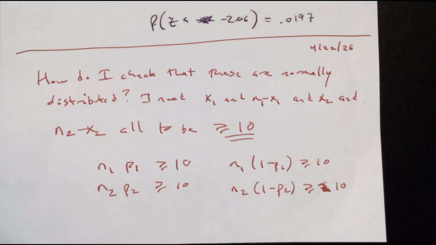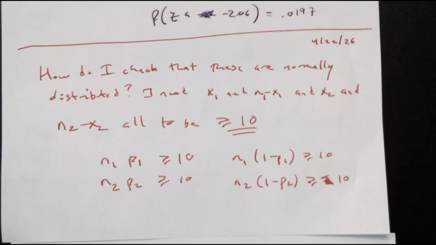But since we defined p1 to be x1 over n1, this is really just another way of writing x1 and x2 right here. Questions?